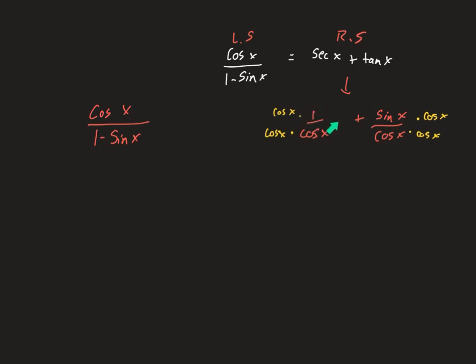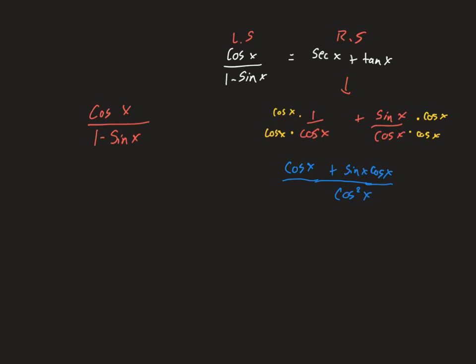Well, it will, but it'll take you much longer to do. So let's see what we have when we do that. That's going to give me cosine of x plus sine x cos x over cosine squared x.